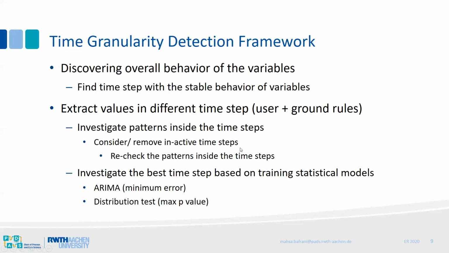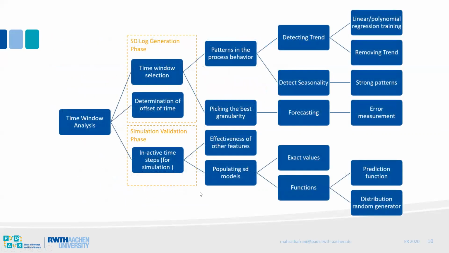After having this data ready, we use a time series model, which can be any time series modeling, but we use the ARIMA model here to train a model, discover the error, and decide on the best time window. These are basically the base steps that we took, and I explained already.